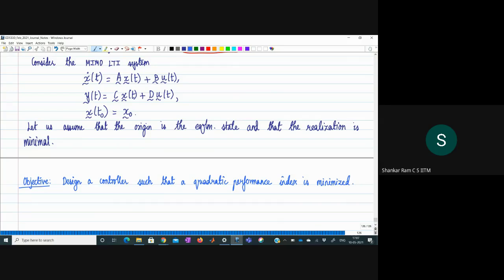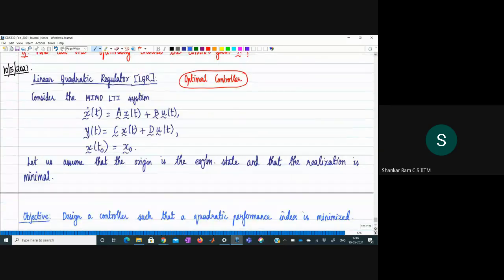If we go back, we will immediately see why it is called LQR. It is called LQR, or linear quadratic regulator, because first of all, the controller structure is a linear structure, because we are going to have u of t equal to K times x of t. It is a linear controller and it is applied to linear systems, so the term linear makes sense.